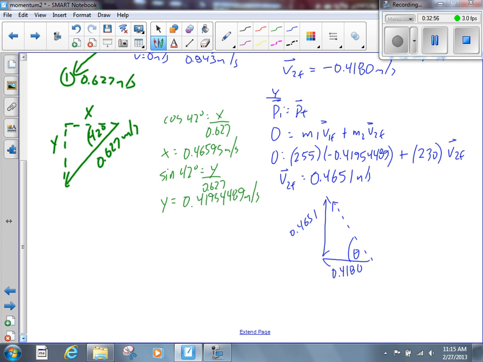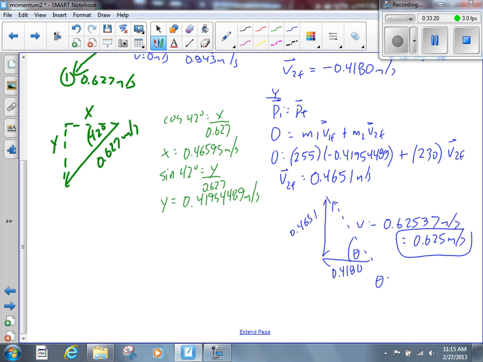And we do the Pythagorean theorem. And for that, we end up getting 0.62537 meters per second. Or we're going to round that to 3 digits, 0.625 meters per second. Anybody else get that? Yes? Good. We can find the angle fairly easily here.